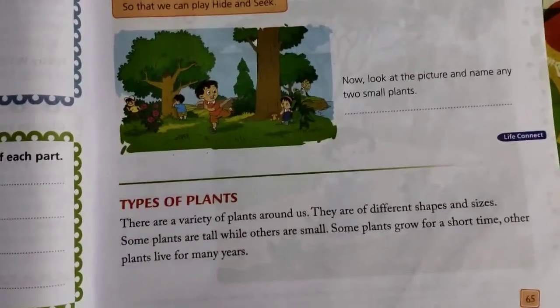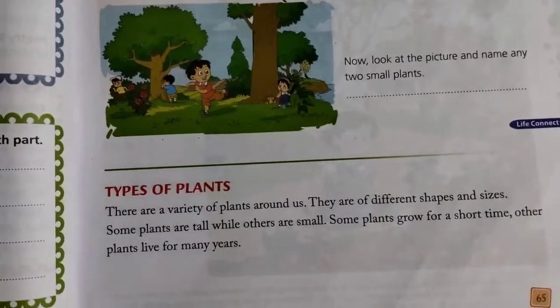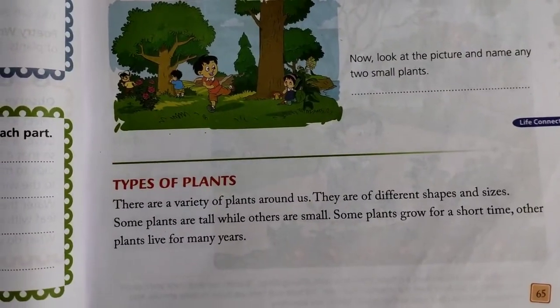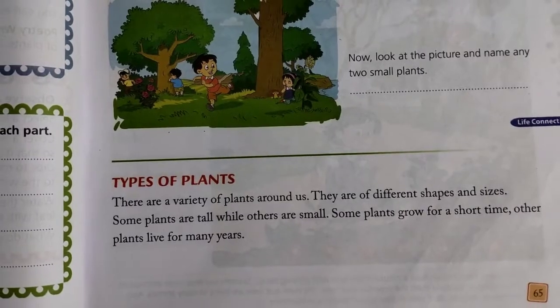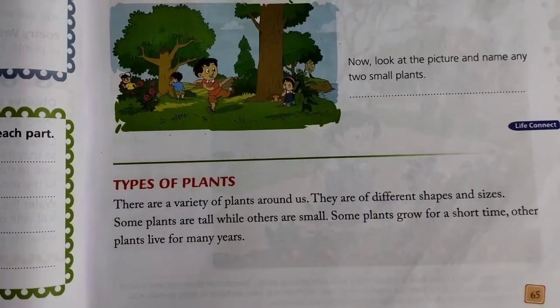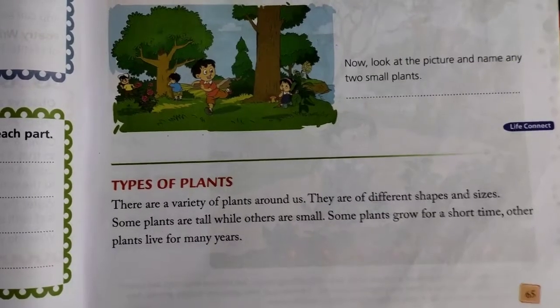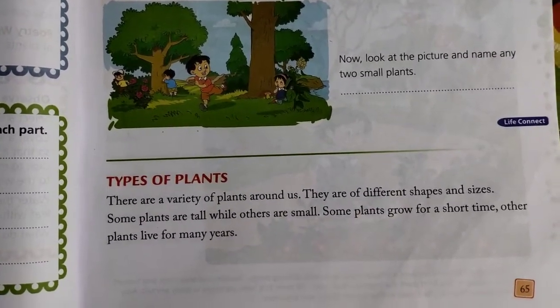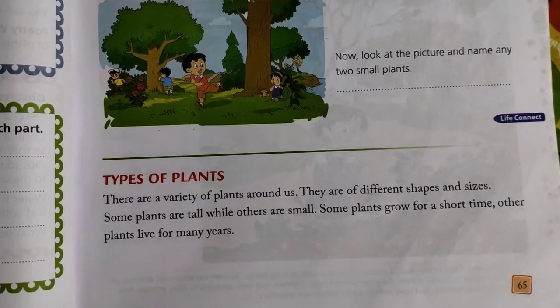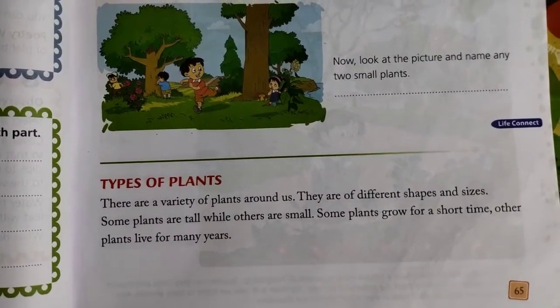Next we will see what the types of plants are. The first topic in your book is types of plants. Students, you can see varieties of plants around you. Whenever you go out, you will see varieties of plants and trees around yourself.